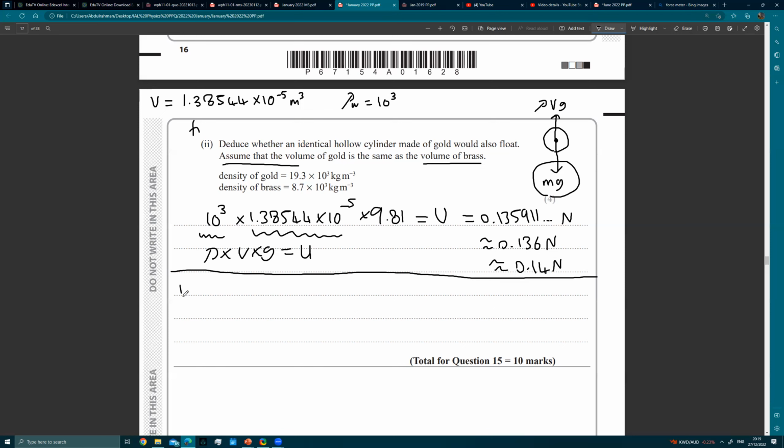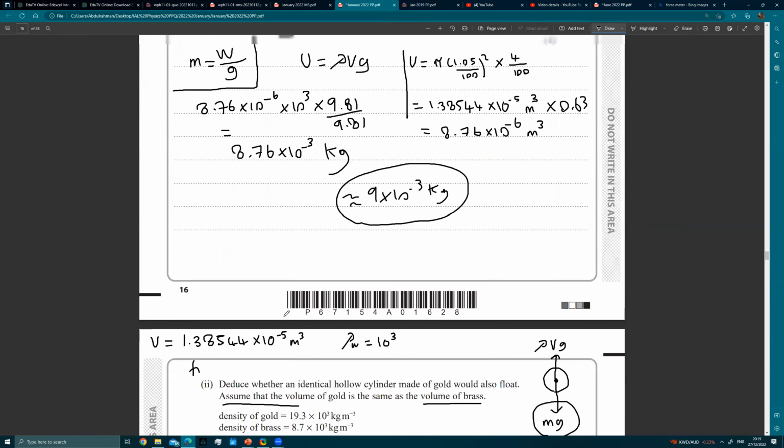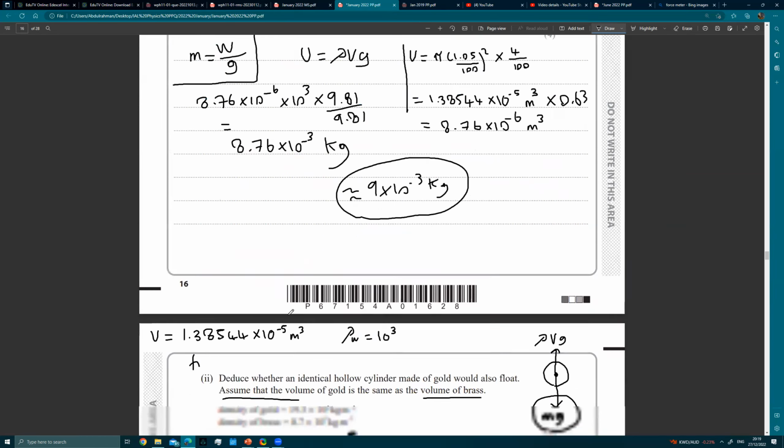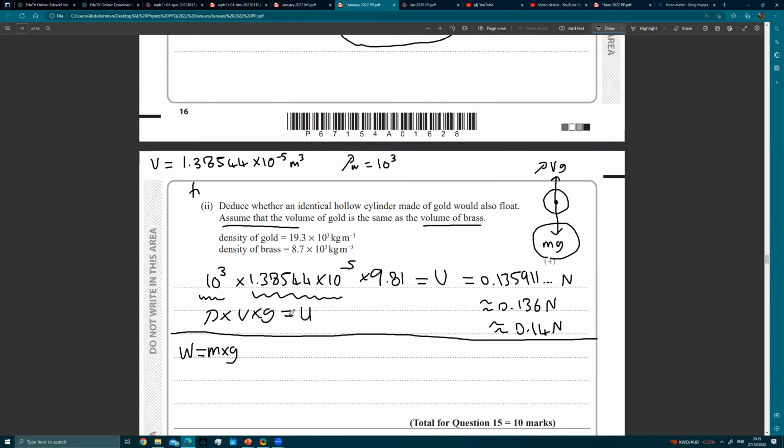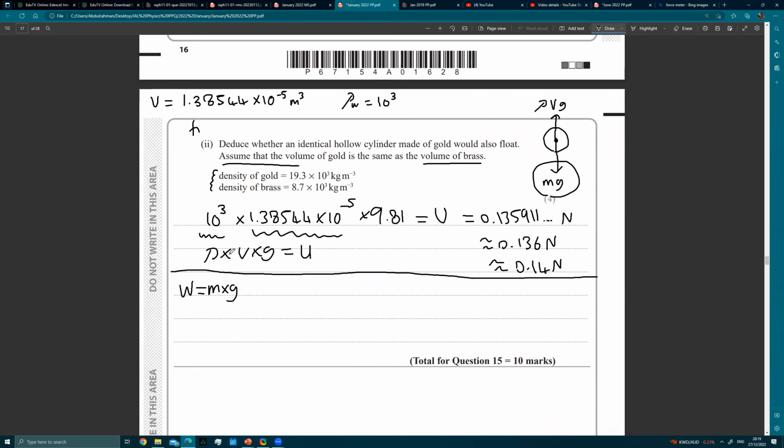Well, to work out the weight, which is m times g, we need the mass. But it's not giving me the mass anywhere in the question. So now my task is, can I somehow work out the mass of gold? It's giving me the density of gold. So it might be tempting to say mass is equal to the density of the gold times the volume of the gold.